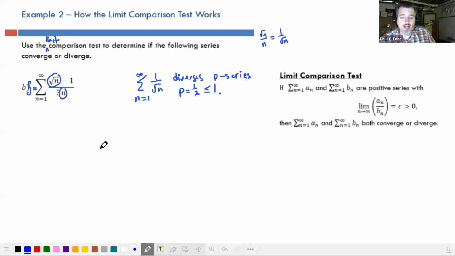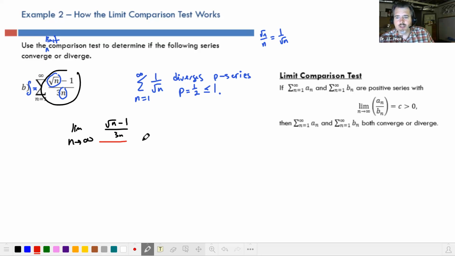And to prove that, I'm going to run this limit comparison test on it. So I'll take the limit as n goes to infinity, and I'll just take this term here. So I'll write square root of n minus 1 divided by 3n, and then that's all going to be divided by, and I take this term here, 1 over square root of n, which is equal to, and that's just the limit as n goes to infinity.